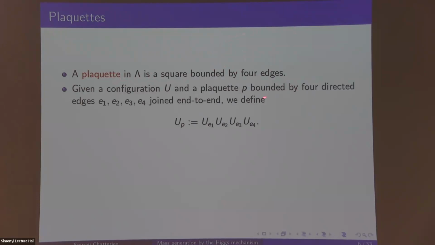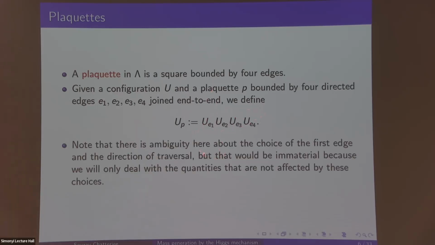Okay. So given a configuration U, you take a plaquette P bounded by 4 directed edges joined end to end. So you go maybe in an anti-clockwise direction. So E1, E2, E3, E4. And you define U_P as just the product of these matrices along these 4 edges with the appropriate orientations. There is some ambiguity here about the choice of the first edge and the direction of traversal.